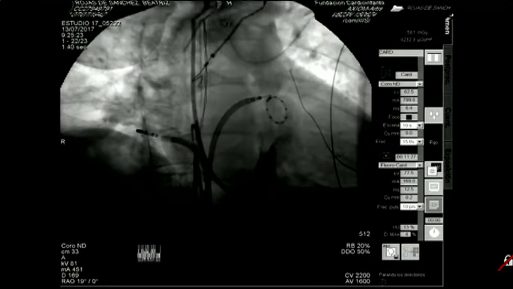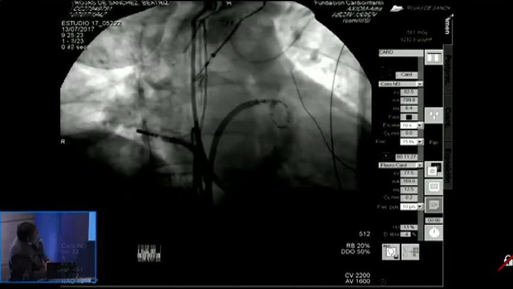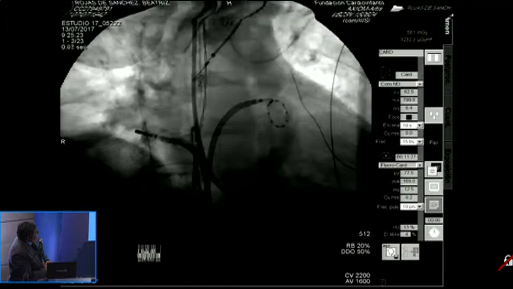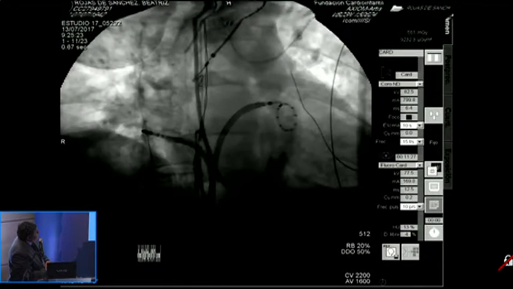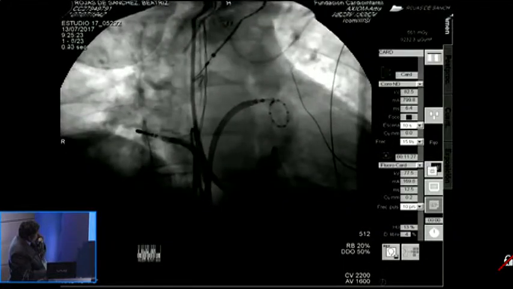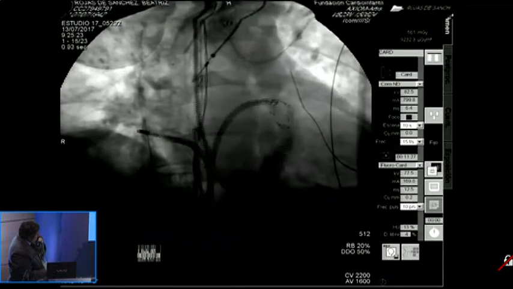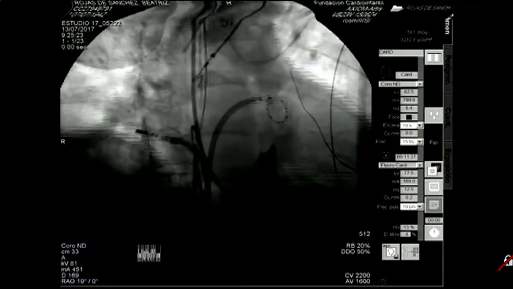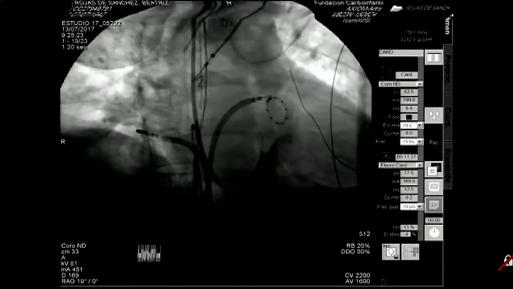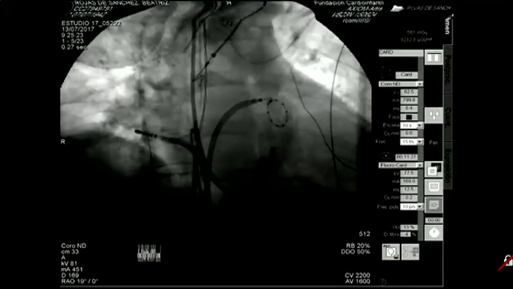So through the sheath on the coronary sinus, we have placed a Lima guide catheter. As you can see, it is posteriorly placed. When we have contrast medium in the Lima catheter, the Marshall vein opacifies very easily.